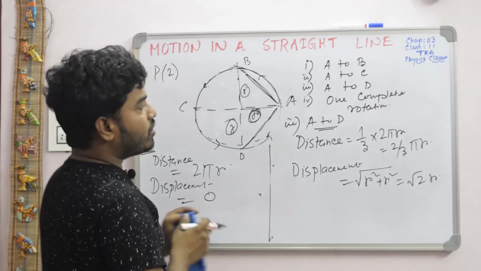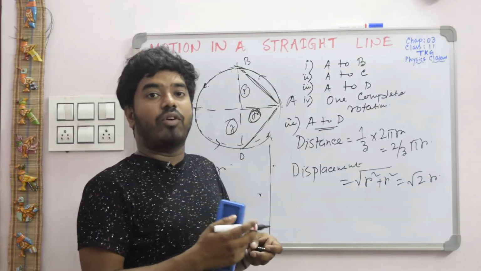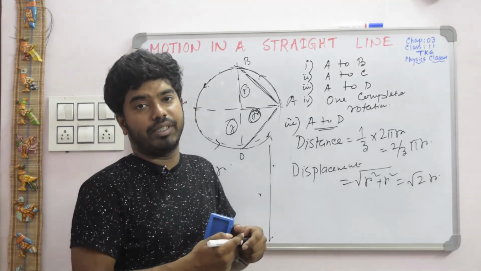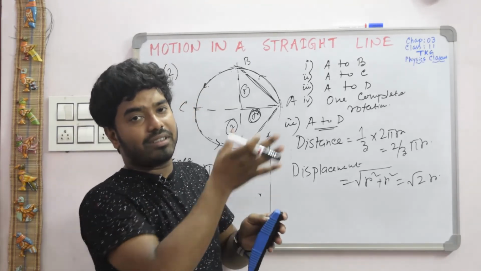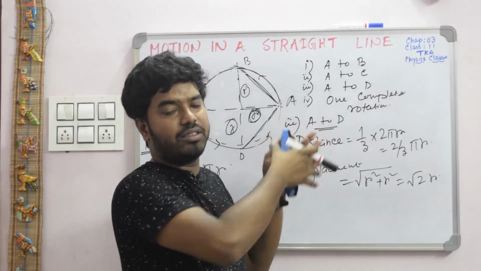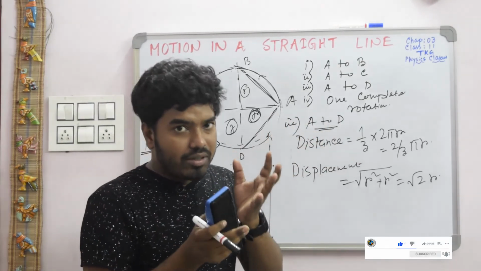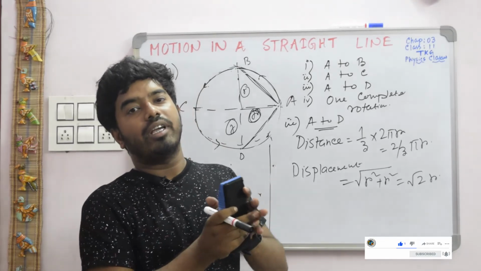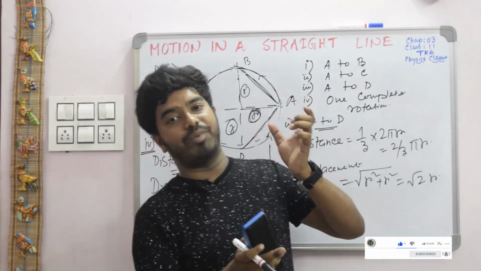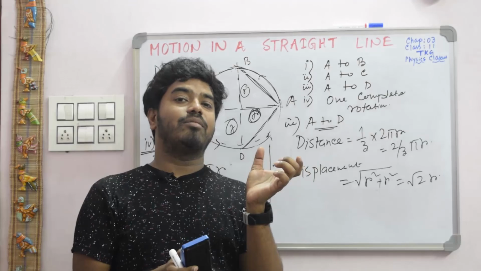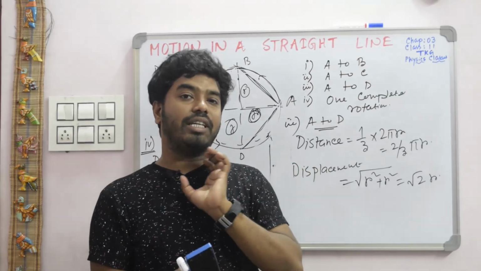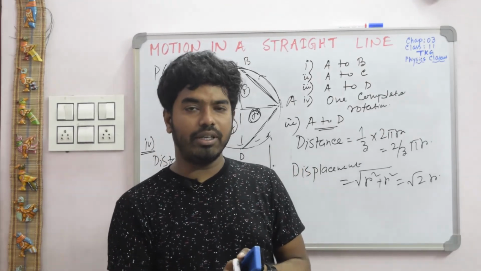Okay. So this is the way of solving distance and displacement. Clear? This theory is all about the basic things. So stay tuned. If you like this video, please share my channel and stay tuned with this channel. Okay, thank you.